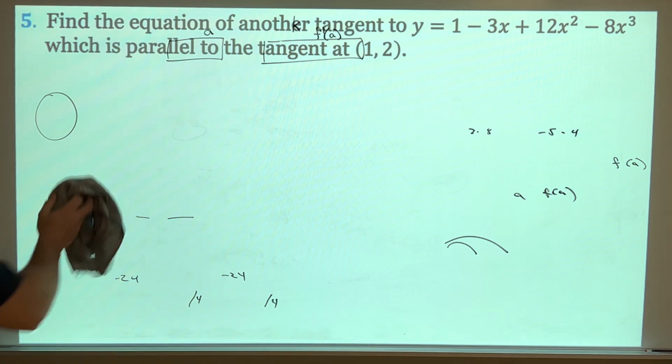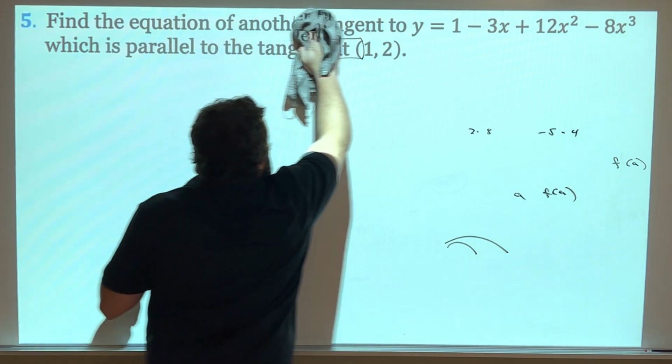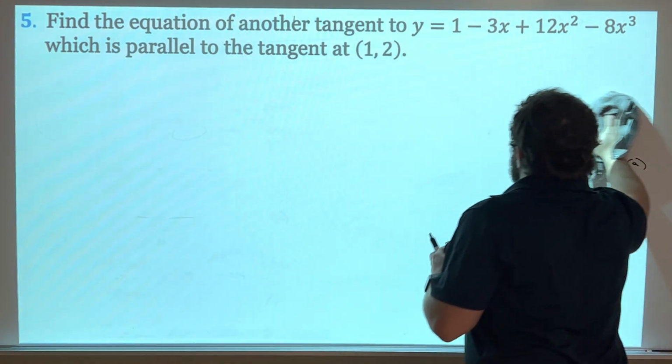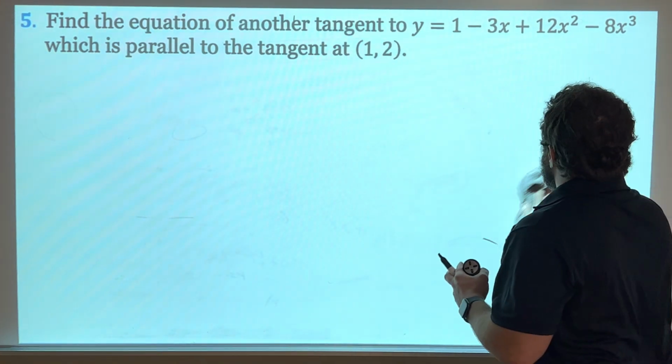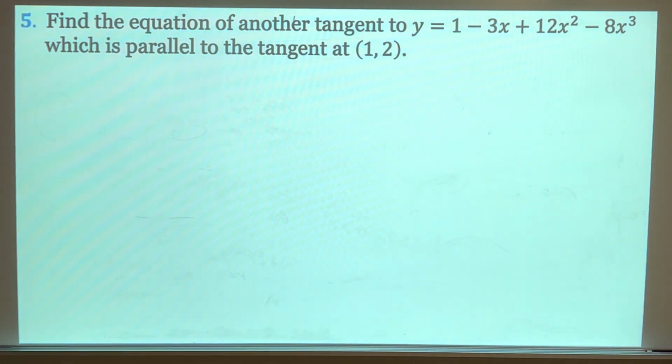Number 5. Find the equation of another tangent to y equals 1 minus 3x plus 12x squared minus 8x cubed, which is parallel to the tangent at (1, 2). All right, find the equation.